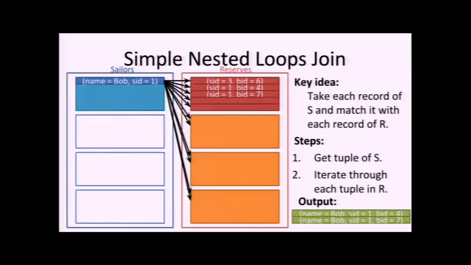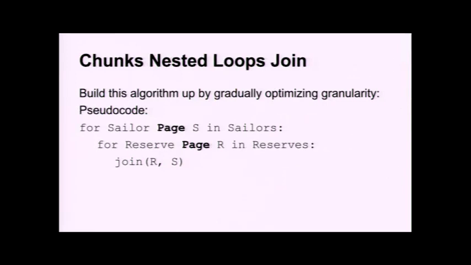All right. Okay, chunk nested loops join, or page nested loops join. So remember the unit of disk I/O is the page, not the tuple. So if we fetch a tuple from disk, we're going to have to fetch the whole page. So we're going to optimize simple nested loops join just by fetching pages at a time.